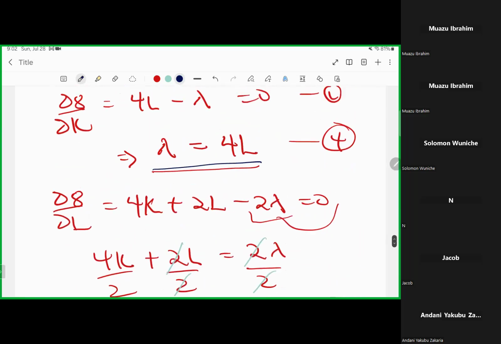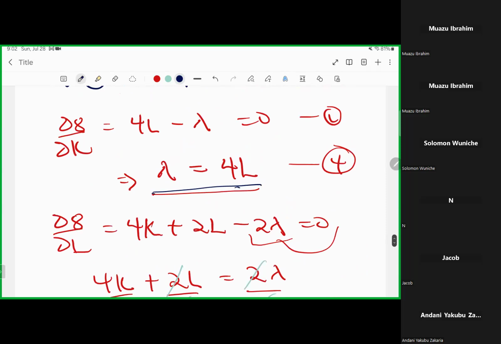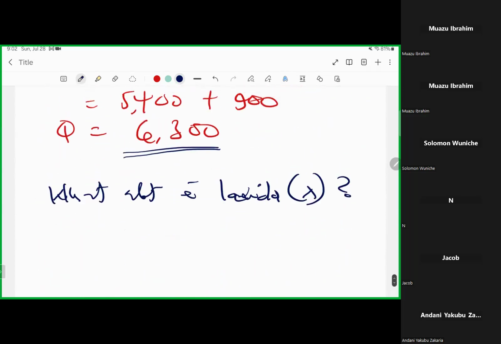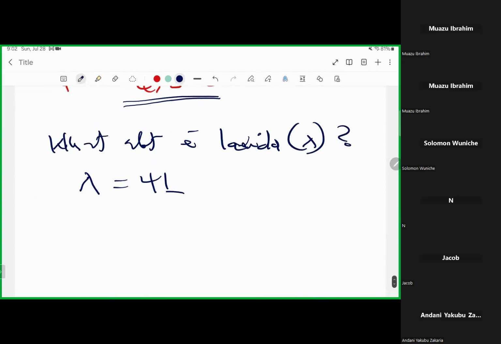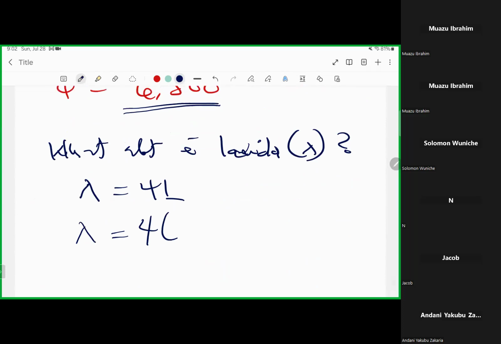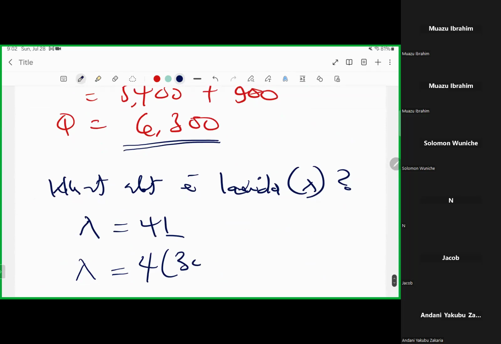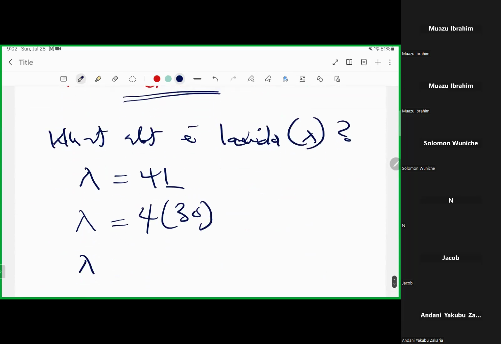You will realize that lambda is the same thing as 4L. Which means that lambda is the same thing as 4 times L. What is L? L is 30. Which means lambda is the same thing as 120.